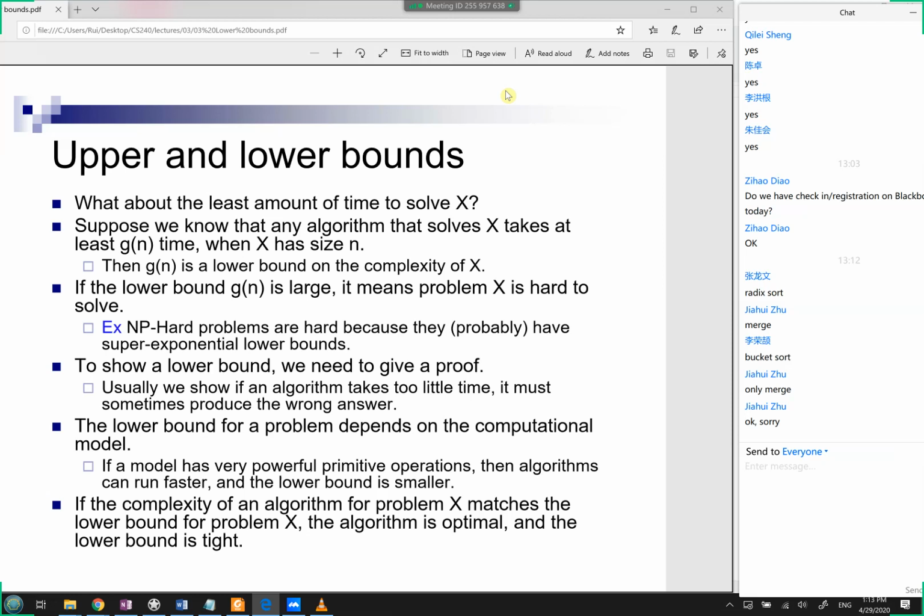If you have 32-bit numbers, that's 32 digits, so the entire running time is order 32n. In general, if you have k digits, then the running time is order k times n. So if k is a constant, then this is running in linear time.